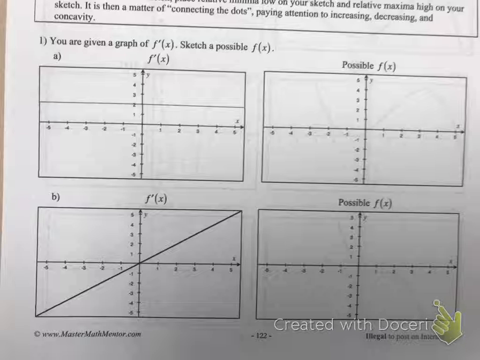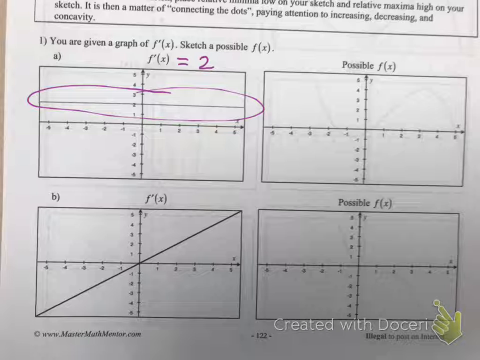So what we're trying to do is figure out what the possible f of x is. Okay? I hadn't written anything yet. So this means that this is 2. So our possible f of x, doesn't it always have to be on the positive side?